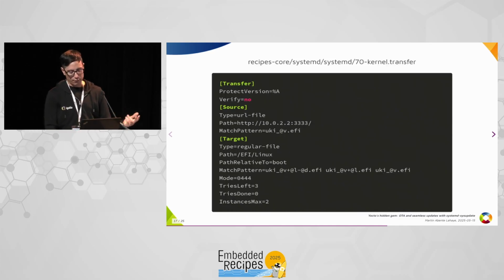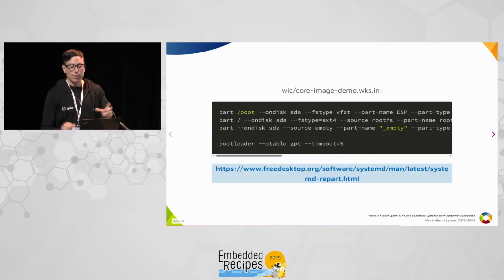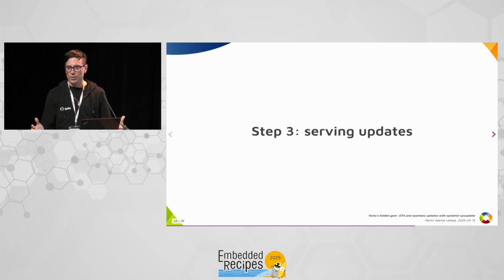And of course, I only have 2 instances of this as well, right? Plus, for my keystart file, I need to add, because I'm going to have A, B partitions for the rootfs, an extra partition, which has to be exactly the same as the A partition, right? Except that initially, I'm just going to call it underscore empty, and it's going to be really empty, right?